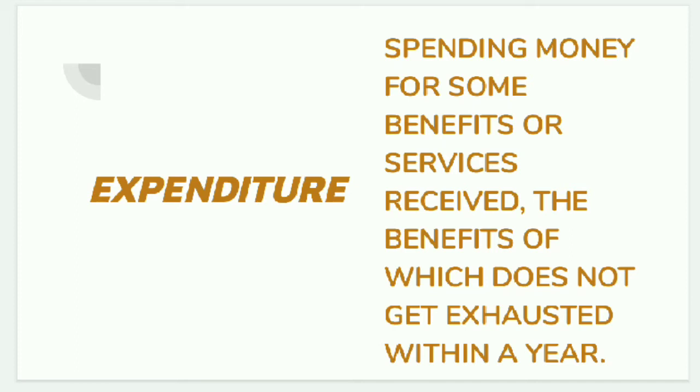The word expenditure is more than a long way of saying expense. But in accounting, we use the term expenditure to indicate the increase in the value of an asset.